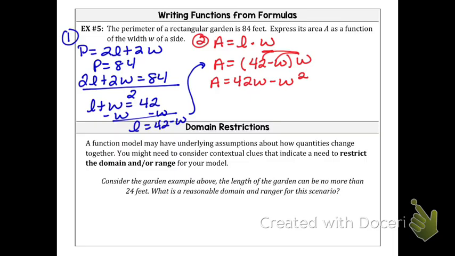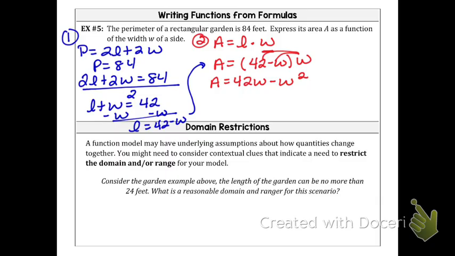So it says express its area as a function of the width. So I've got my area, and as a function of means the variable is W. So I need W on the other side, which I do have. So there's our answer.